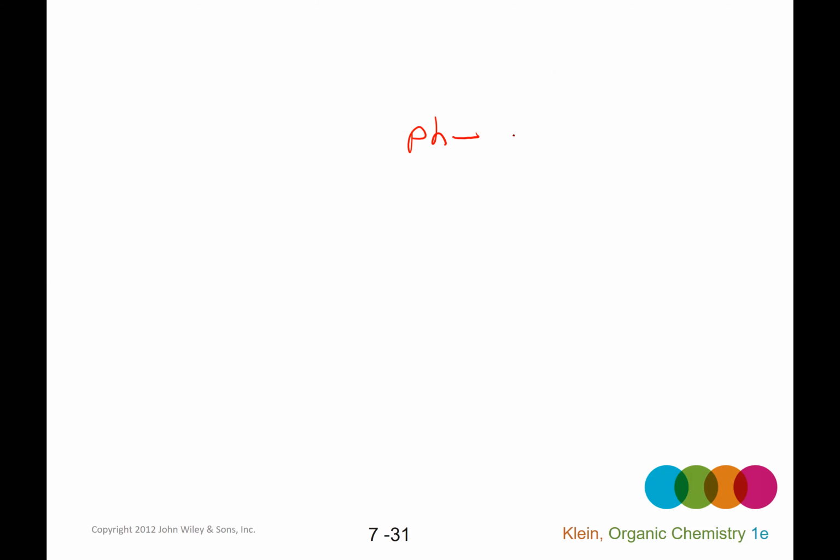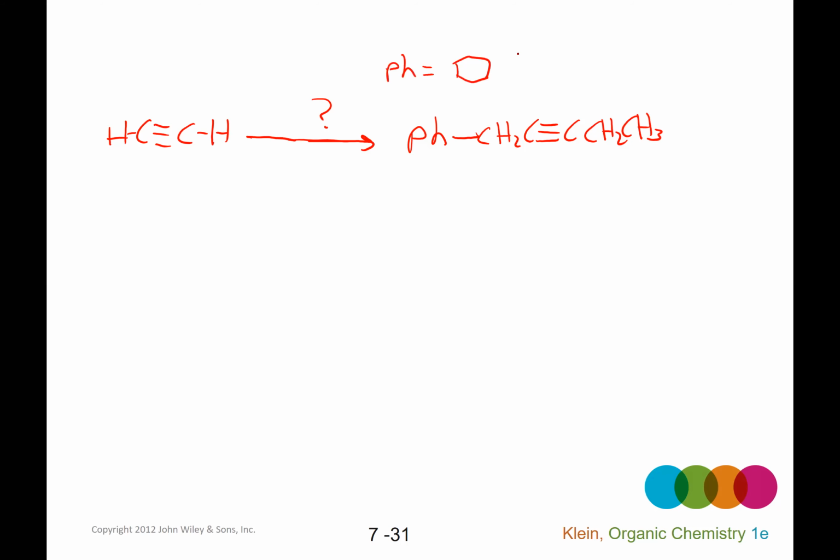And then we had a 5-carbon chain, if I remember, 3, 4, 5. I think that was the molecule. And we want to make that from acetylene, okay? That's the problem. Remember, Ph is a phenyl group, and that is a shorthand for the benzene ring, right?